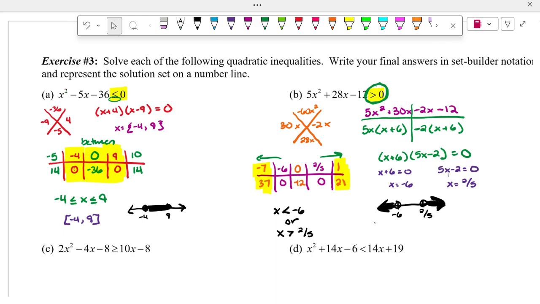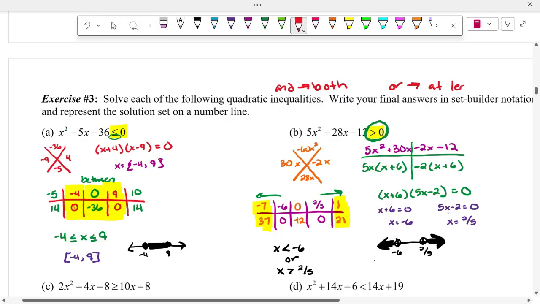And means both. Or means at least one. So and means that both have to be true, or means at least one has to be true.